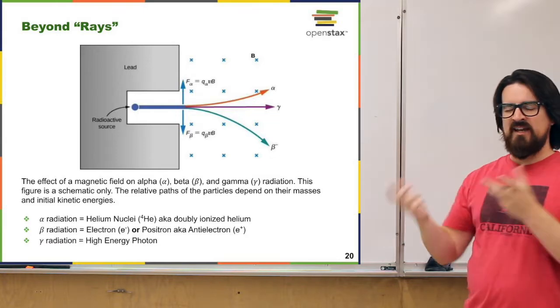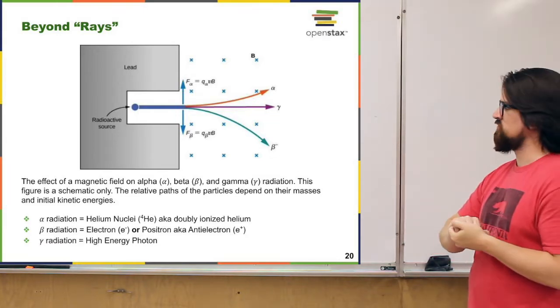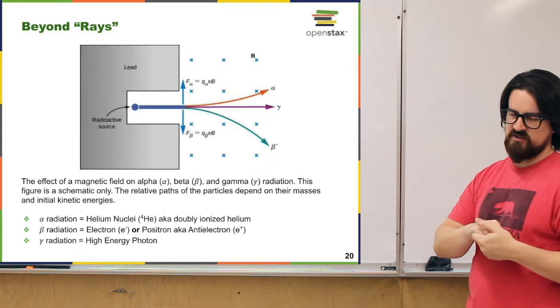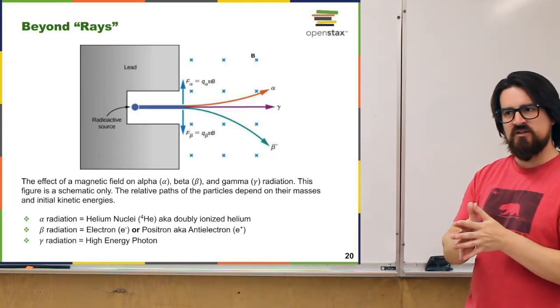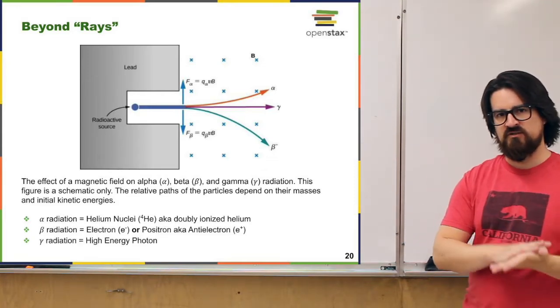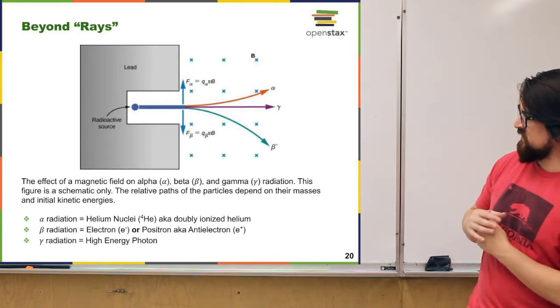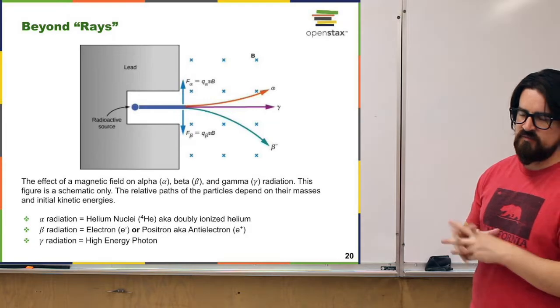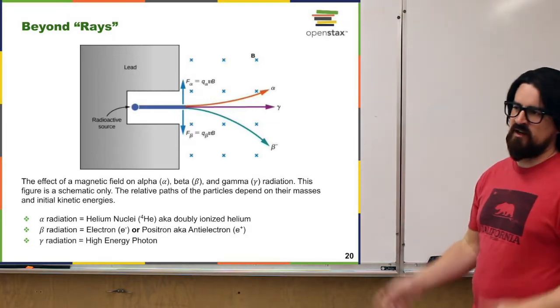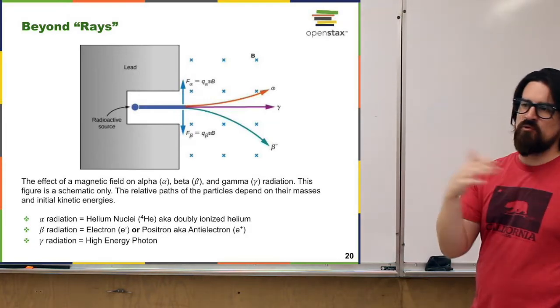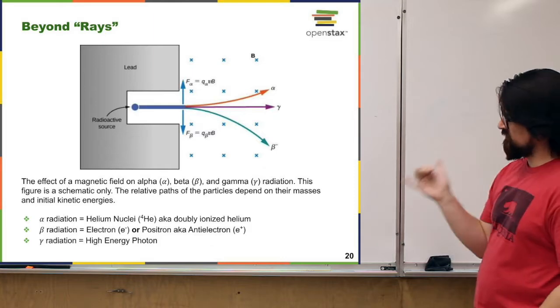Or an anti-electron. We call those positrons, and they're the same as electrons, except they have a positive charge. Electrons have a negative charge. And finally, gamma rays were found eventually to be high-energy photons. You probably already knew that one. We talked about gamma radiation, or at least the gamma portion of the electromagnetic spectrum.